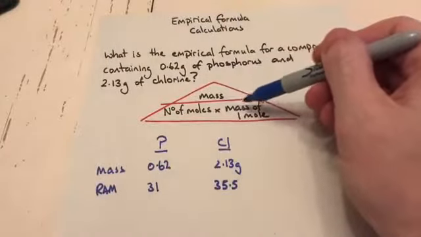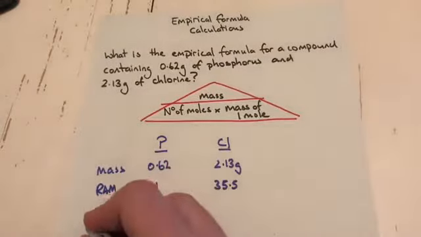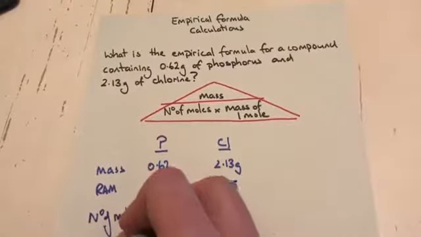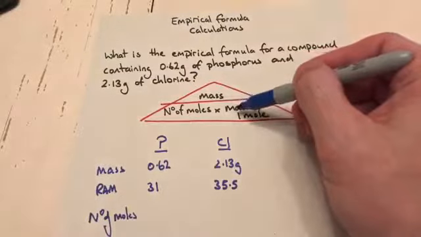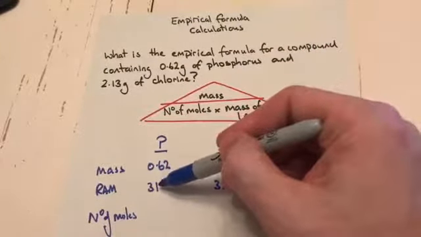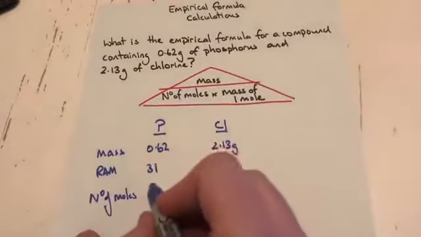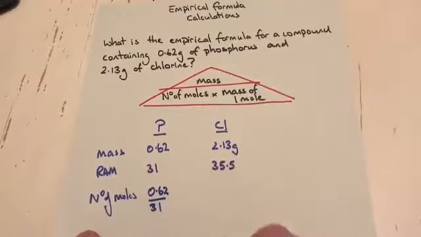Now that we have the mass and the mass of 1 mole, we can calculate the number of moles. So my next step is number of moles. And to do that, as you can see here, it's the mass divided by mass of 1 mole, and this is why we've written it down this way. So it's 0.62 divided by 31. So I'm going to write that down to remind myself. 0.62 divided by 31.